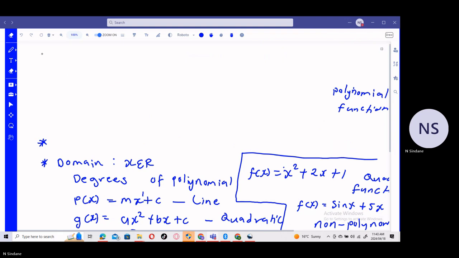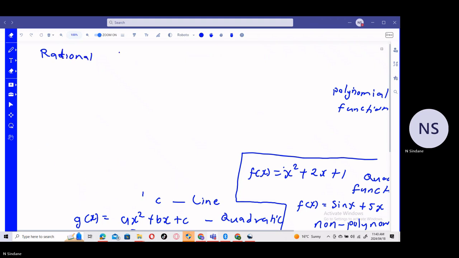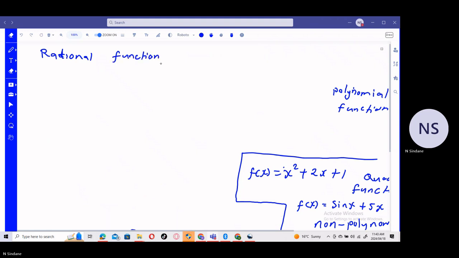Now the next one that we'll talk about is a rational function. I don't know why I like radical so much.